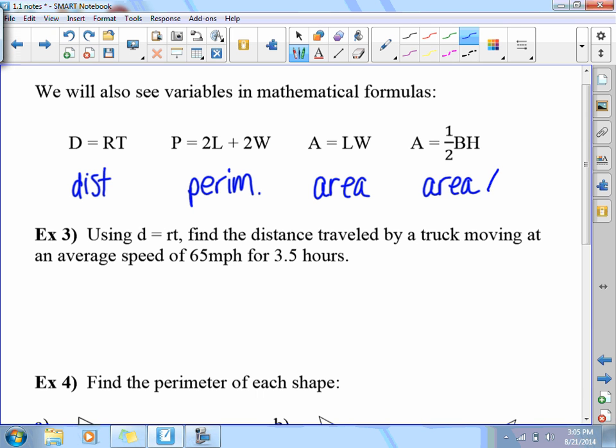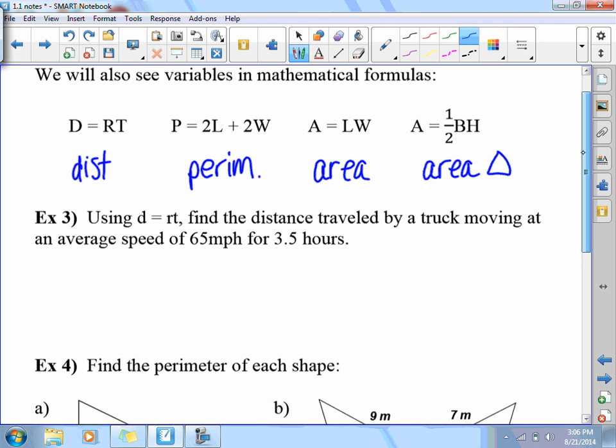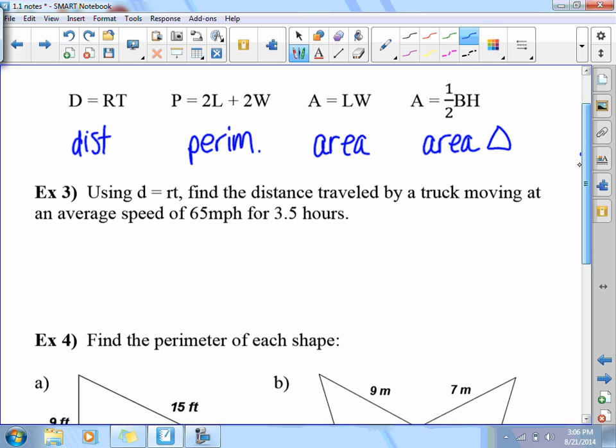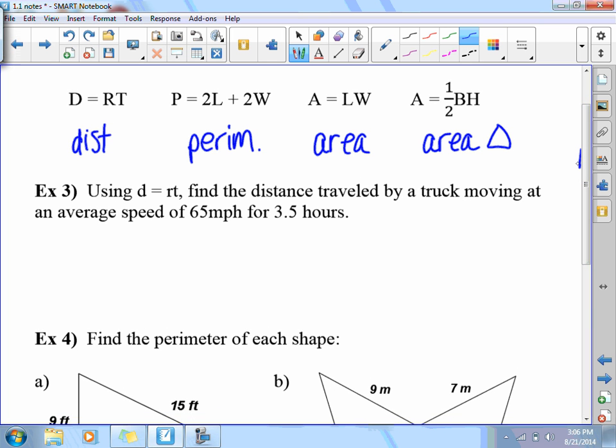So for example 3, they tell you what formula they want you to use. And a formula just has more than one variable in it. And we're going to substitute in the values that they give us for certain variables, and then we'll solve for the other one. So in example 3, we're using our distance equals rate times time. It has it in lowercase letters, but that's okay.